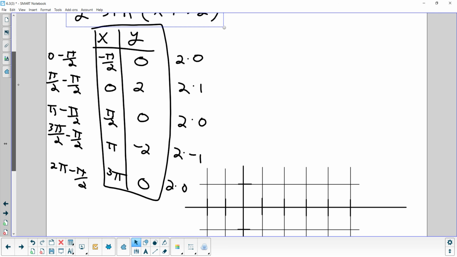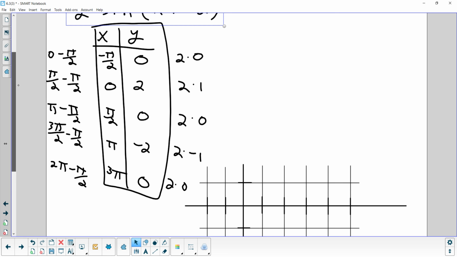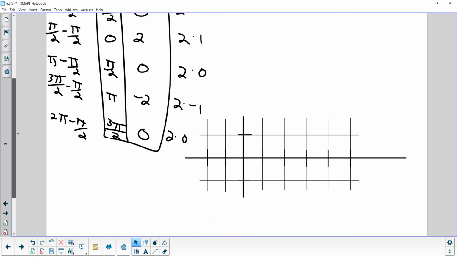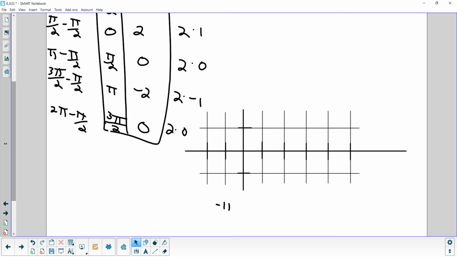All right, so we're going to need negative pi over 2 to, sorry, you probably said 3 pi over 2. I might have just not written that. So negative pi over 2, 0. I don't know if you can see, my axes are a little bit bold.